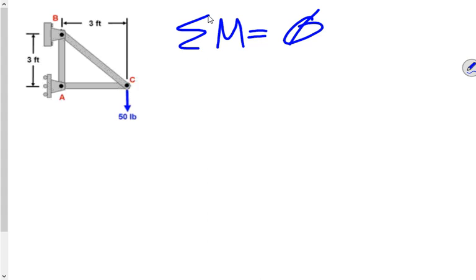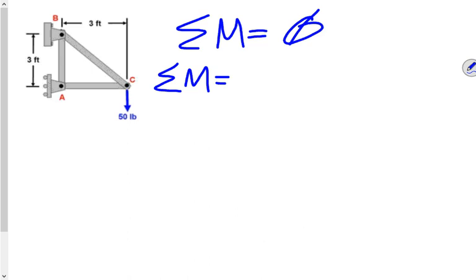So with this pivot point, what forces are we going to have for the sum of the moments? What's going to cause a rotation? The 50 pounds is going to cause a rotation. Is that going to be positive or negative?